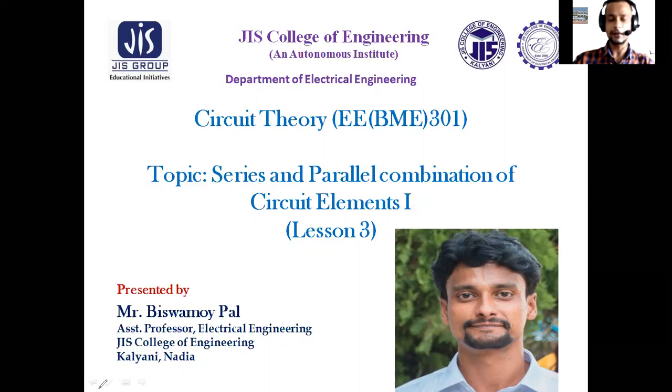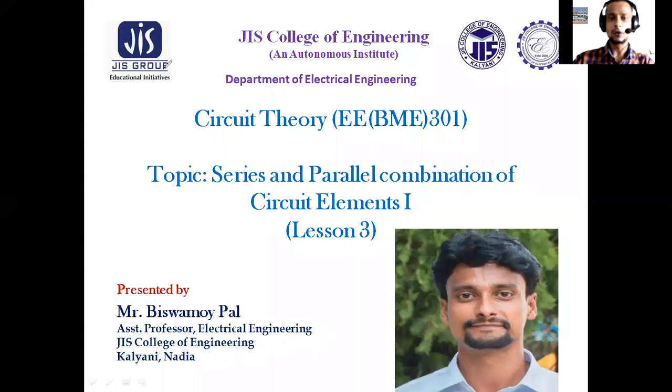Now, for an electric circuit, resistors, inductors, capacitors, or sources may be combined in series or parallel combination, depending on the application. So, what is series combination? What is parallel combination? What are the calculations associated with series combination of resistors, inductors, capacitors, or sources? All those will be discussed in this class and the next.